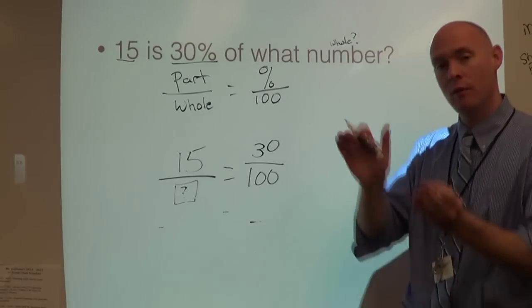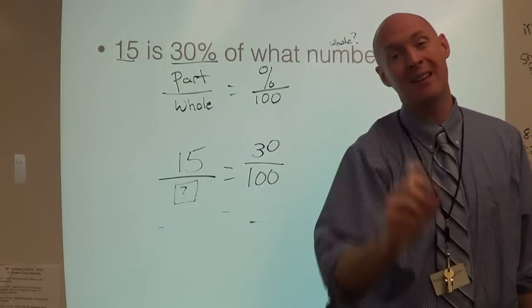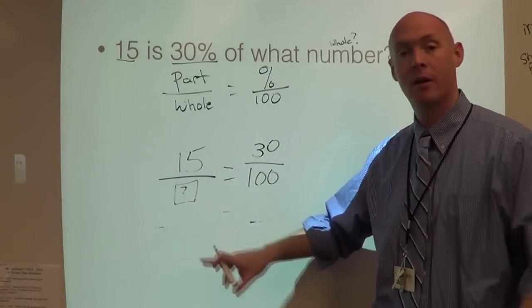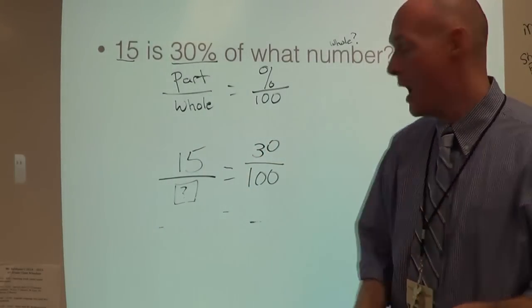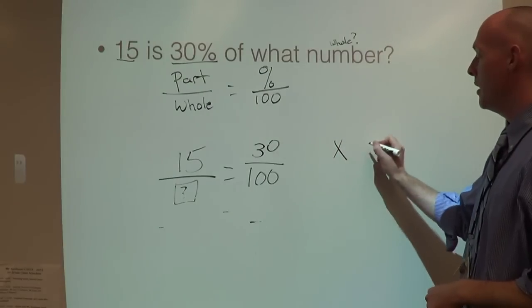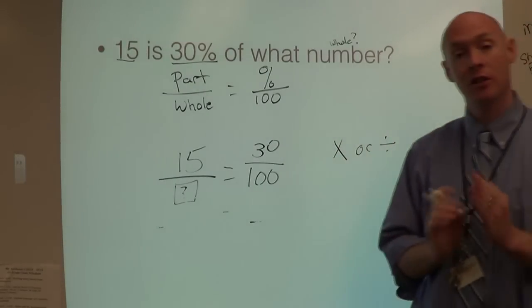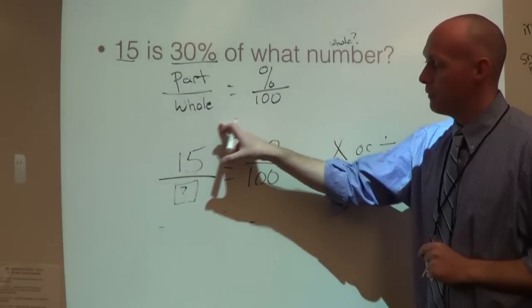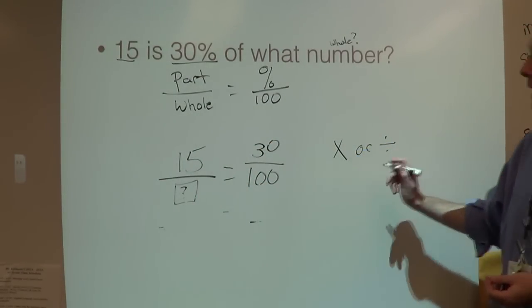So let's sort of look in reverse. How do I get from 30 to 15? Because we figure that rule out, that's what we do to get from 100 to the mystery number. So 30 to 15, I know I'm going smaller. And we're going to be dealing with either multiplication or division. So no subtraction, no addition. Multiplication and division today. So, if I go from 30 to 15, we're getting smaller, therefore, I'm going to divide.